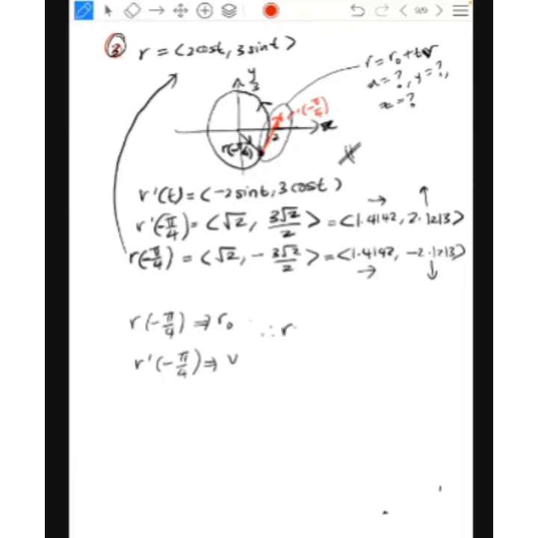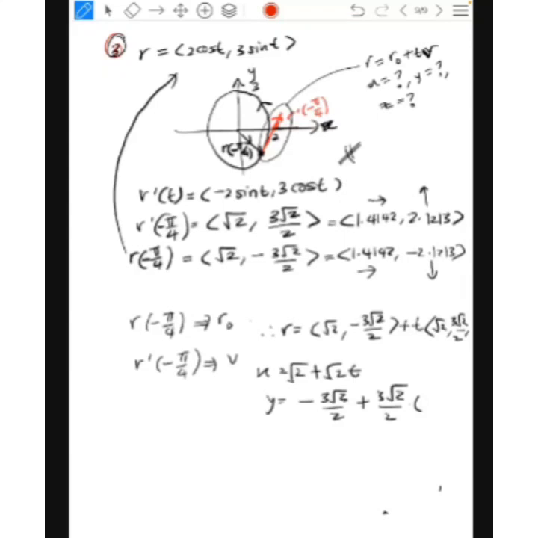So your R is R0, which is square root 2, negative 3 square root 2 over 2, plus t, and then your V is square root 2, 3 square root 2 over 2, which is X equals 2 plus square root 2 t, and then the y equals negative 3 square root 2 plus 3 square root 2 t. Okay. So that is what it means for question number 6.